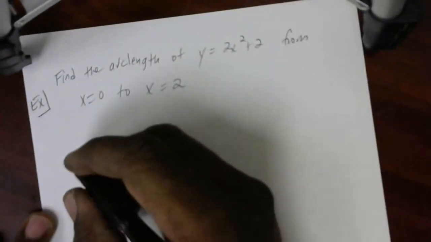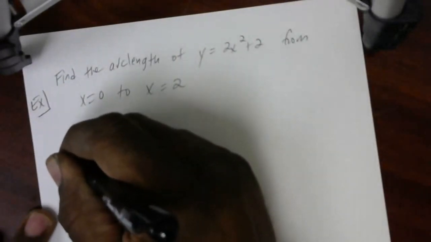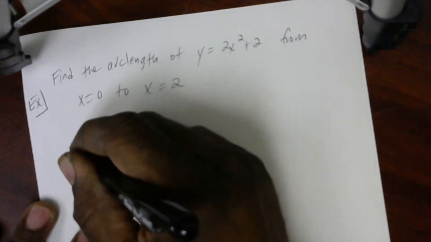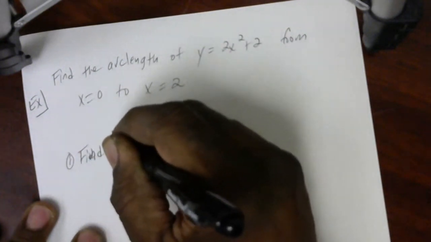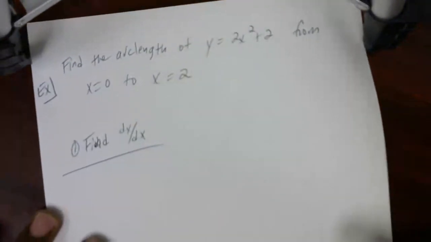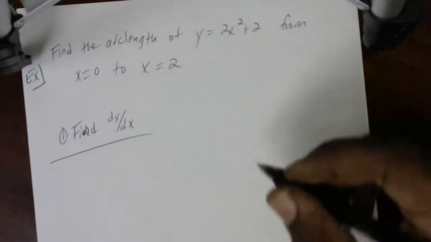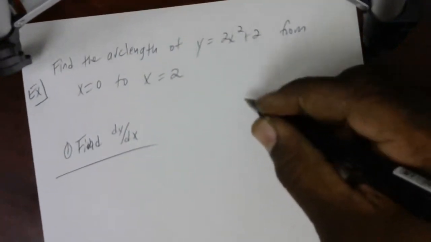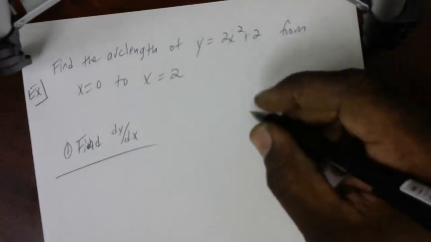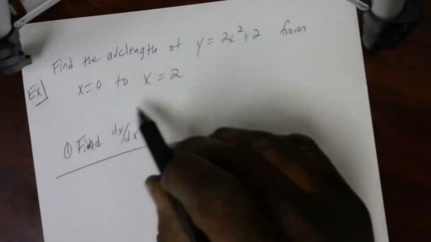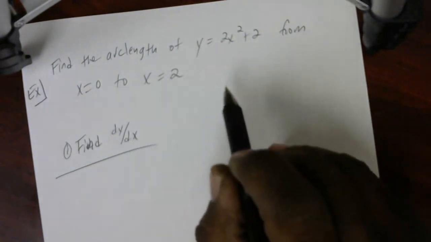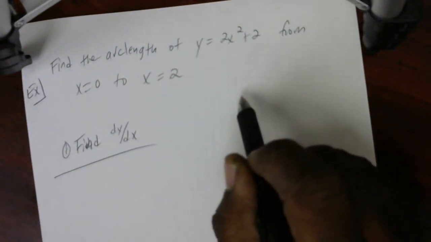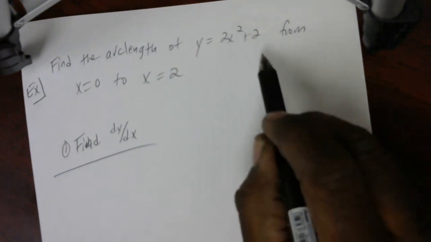The first thing we're going to do is find dy/dx, because remember that in our formula, we need the integral from a to b, so we have 0 to 2, of the square root of 1 plus the derivative squared.